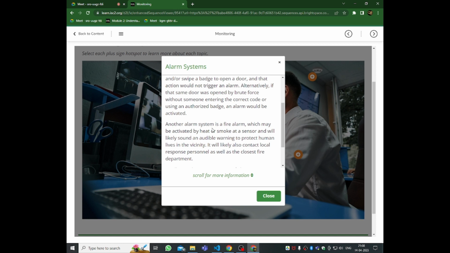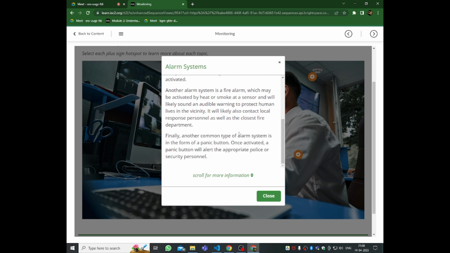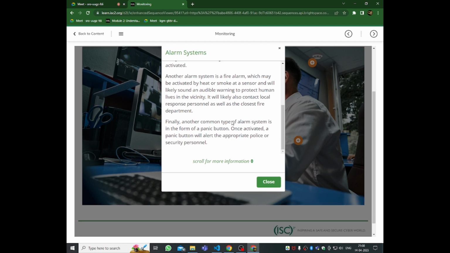Another alarm system is fire alarms, which may be activated by heat or smoke. A smoke sensor will likely sound an audible warning to protect human lives in the vicinity. It will likely also contact local response personnel as well as the closest fire department.